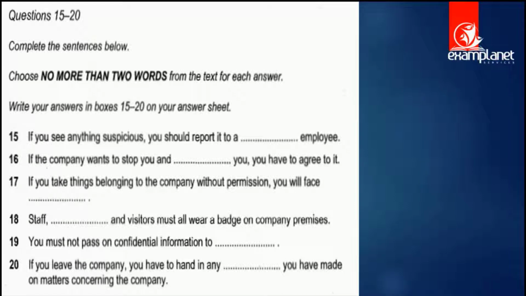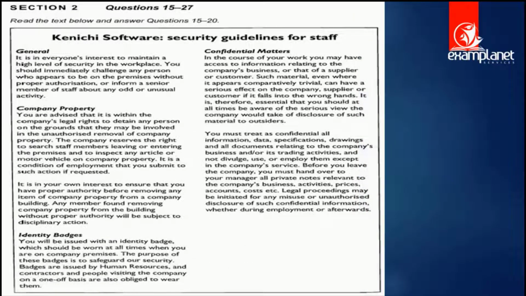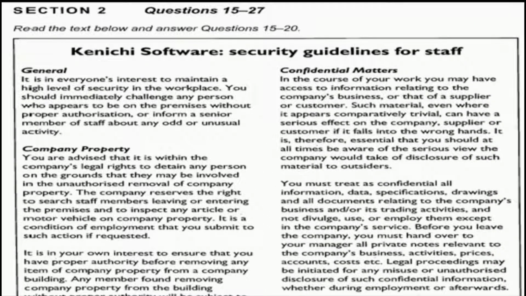For number 15, what does it say? It says, if you see anything suspicious, you should report it to a dash employee. What kind of an employee? Of course, under general, the first paragraph talks about what you should do: inform a senior member of staff.